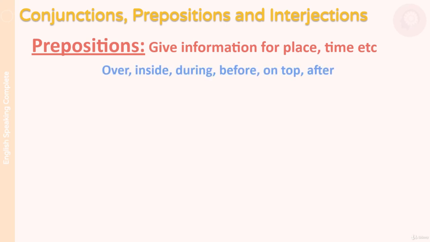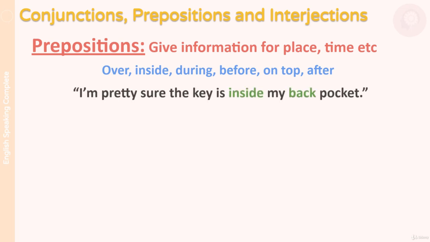Let's see some examples: over, inside, during, before, on top, after. I'm pretty sure the key is inside my back pocket. Here we have 2 prepositions, inside, the key inside, and back pocket. Not just pocket, I say back pocket. So giving lots of information regarding these nouns. And here we're talking about place.